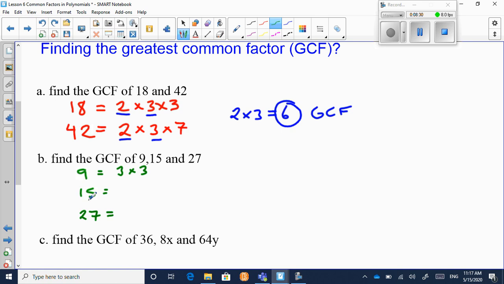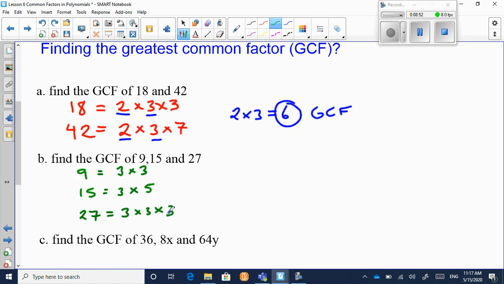Okay, 15. Well, 15 is 3 times 5. And again, those two numbers can't be broken down anymore. And then 27 is 3 times 9, but 9 can be broken down, so it's 3 times 3 times 3.